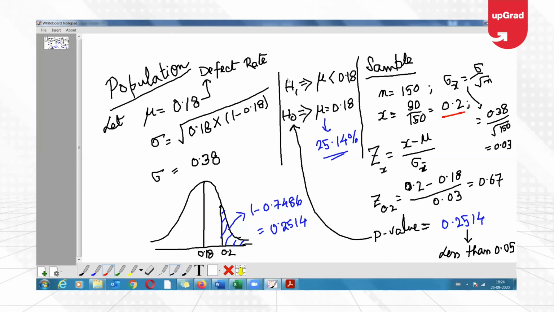However, when we formed the alternate hypothesis, we said that this is less than 18%. So that itself shows that my formulation of the hypothesis is not correct. Here I saw that it's 20%, but my hypothesis says that it's less than 18%. So these two are in stark contrast of each other.